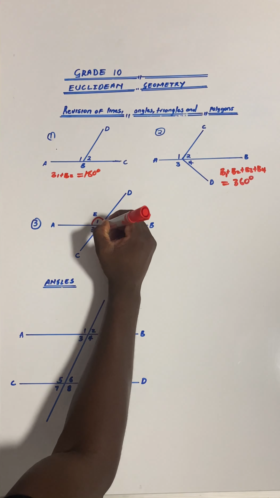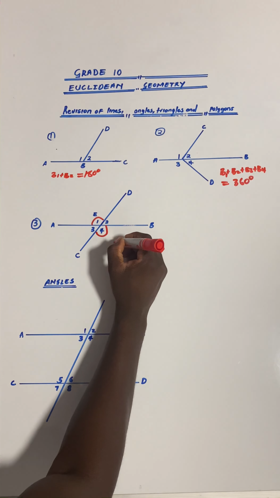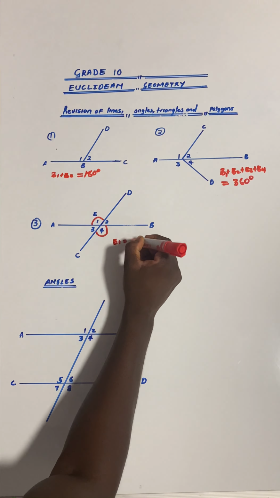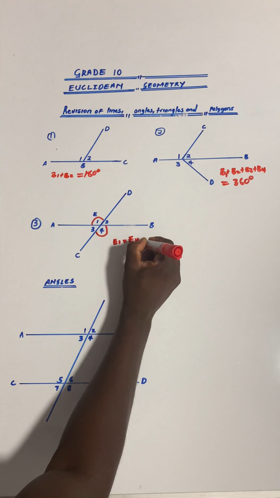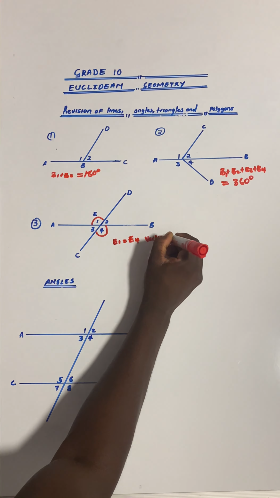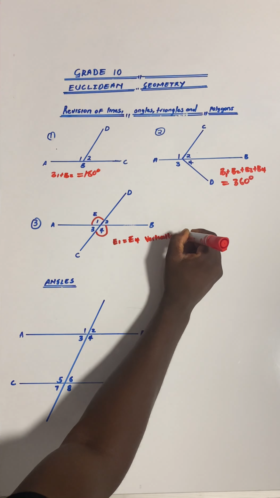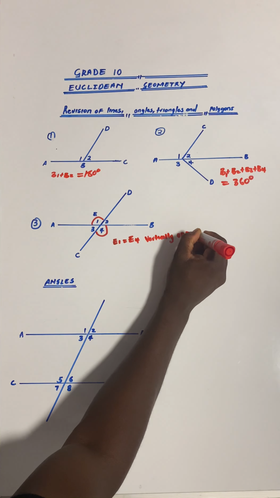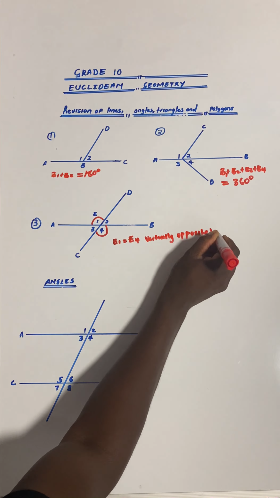These angles that are facing each other mean that E1 equals E4. And what would be the reason? Vertically opposite angles.